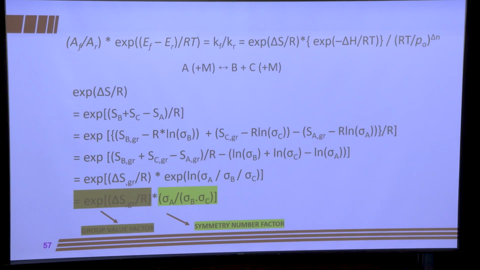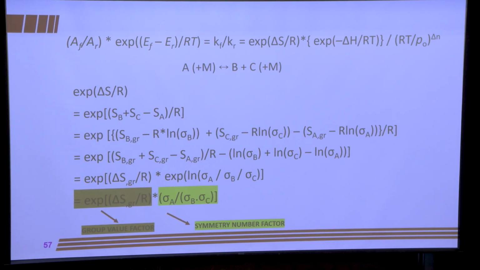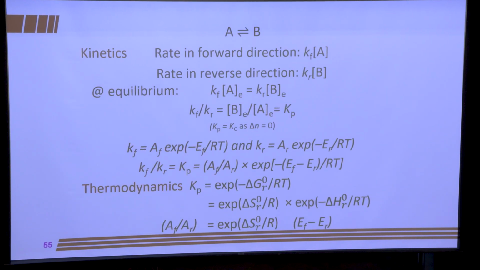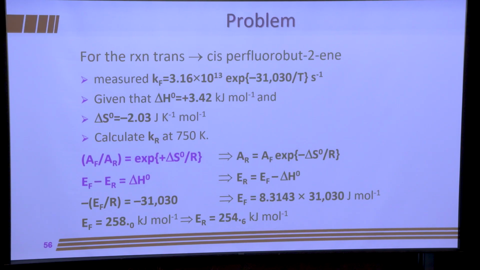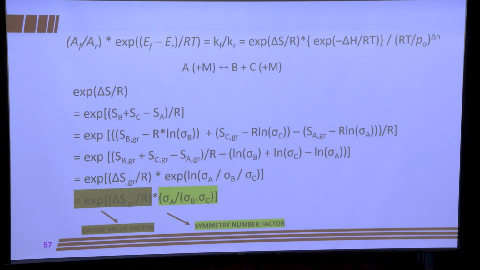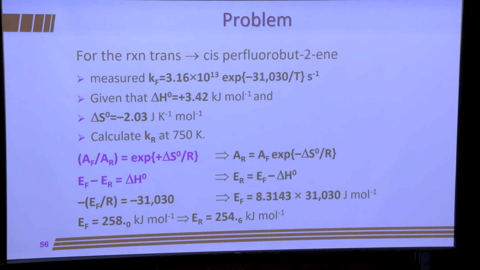Is that all right? A forward over A reverse is equal to the exponent of delta S over R. Okay? So if I know A reverse, so in both cases, A reverse is 10 to the 13. So what's A forward?